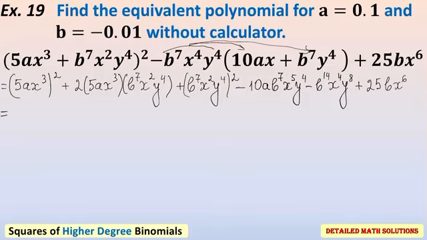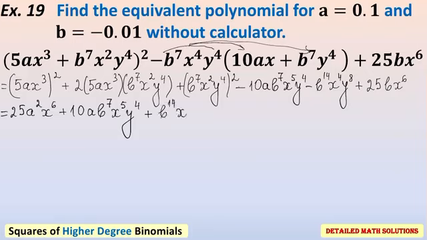To simplify further, I need to apply the rules for exponents. When I do that, this equals 5 squared or 25 a squared x to the 6th power plus 10 a b to the 7th power x to the 5th power y to the 4th power plus b to the 14th power x to the 4th power y to the 8th power.